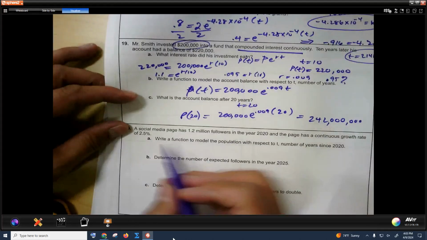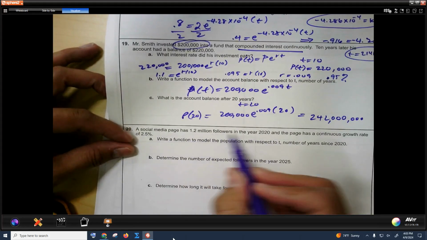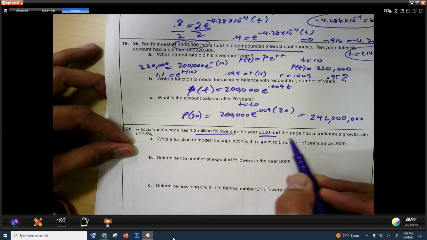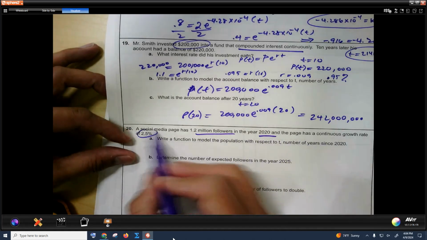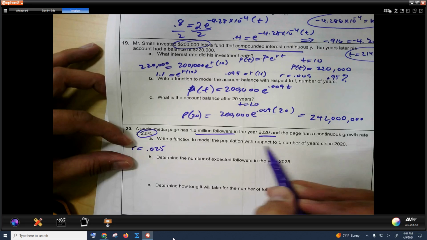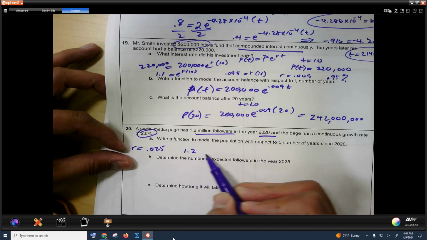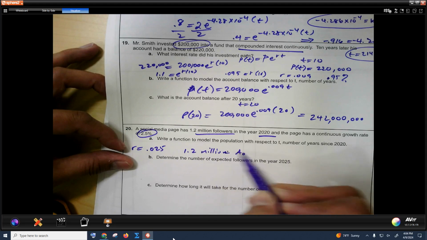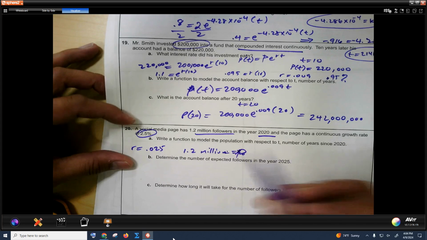Okay, last one. Let's finish this. So we have a social media year that has this many followers in 2020, and the page continues growing at this. So this is your R. And you have 1.2 million as your A sub 0, or your P value. You can use A sub 0.